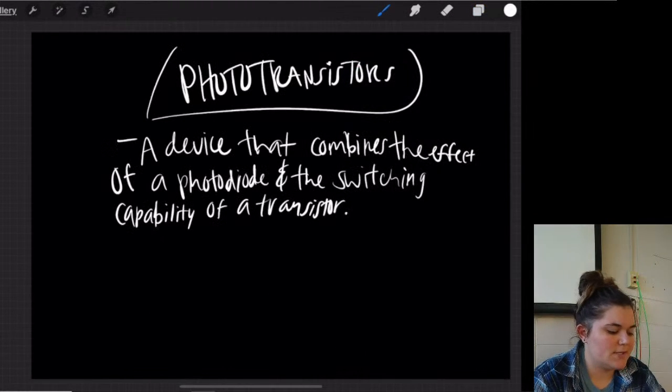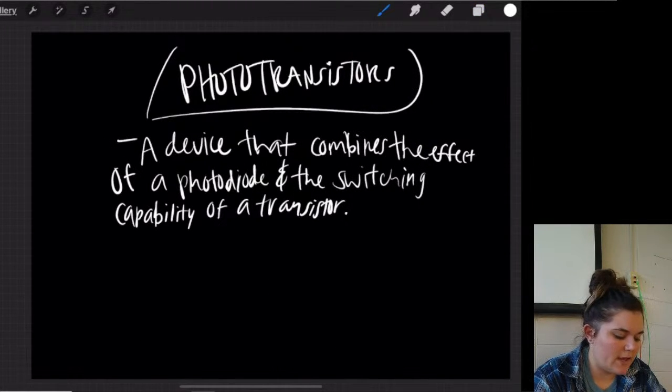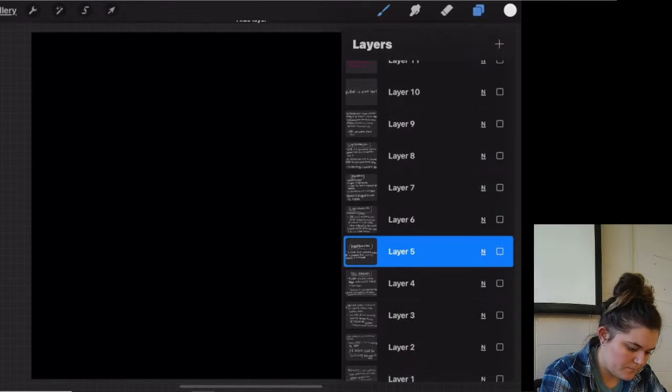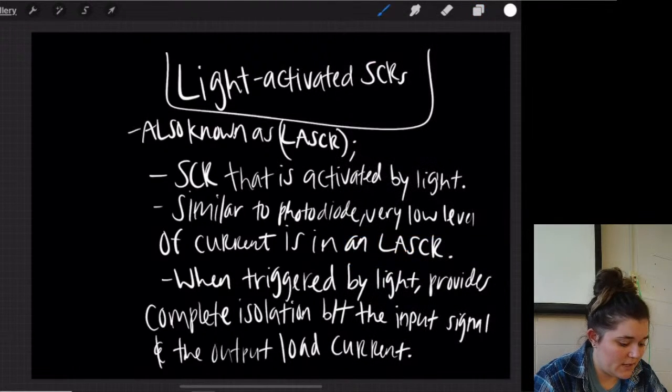Phototransistors: a device that combines the effect of a photodiode and the switching capability of a transistor. Light-activated SCRs, also known as LASCRs, are SCRs activated by light, similar to a photodiode, with a very low level of current. When triggered by light, they provide complete isolation between the input signal and the output load current.